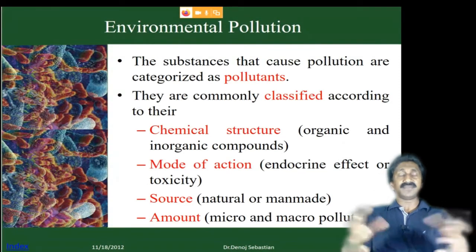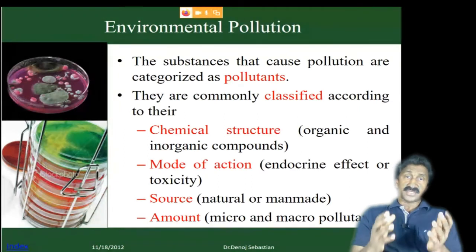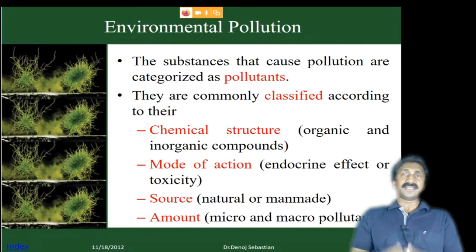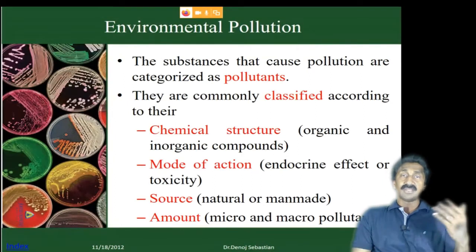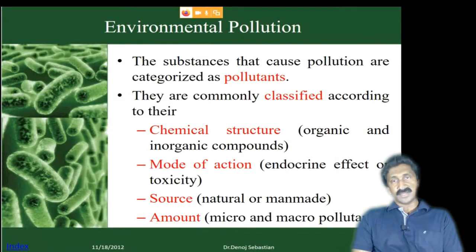And again, based on the source, like natural or man-made pollutants, and the amount of the pollutants, like micro and macro pollutants. So we can classify these pollutants based on their chemical structure, mode of action, the source, and the amount of the pollution added to the environment.